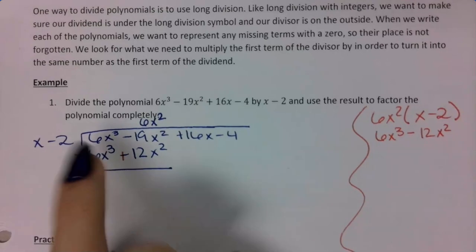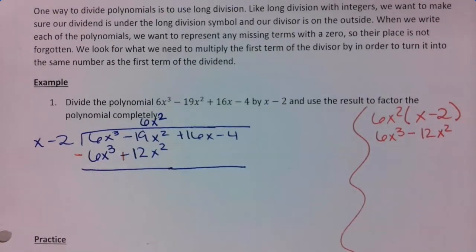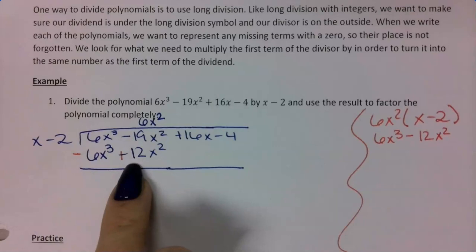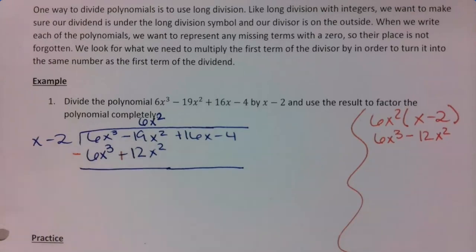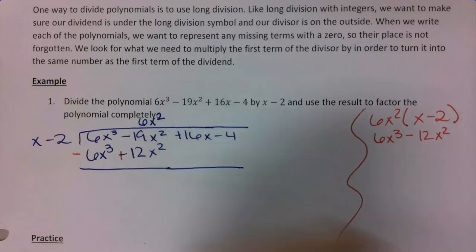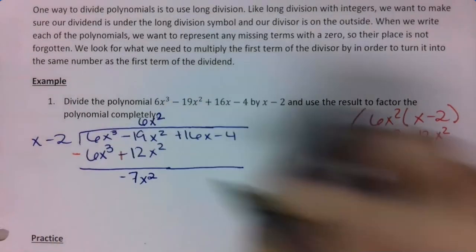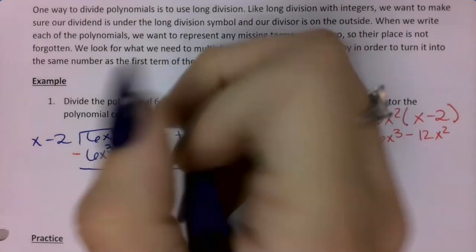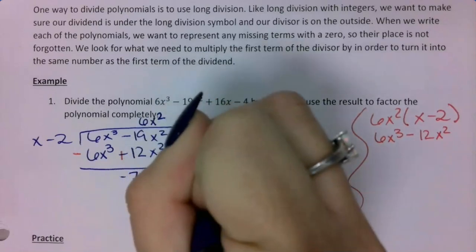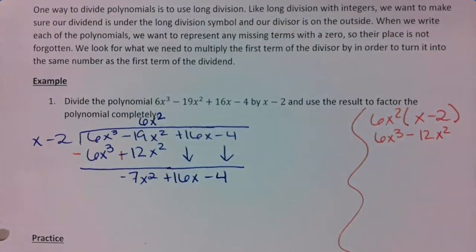So my first terms cancel out, because I changed the signs. Negative 19x squared plus 12x squared is negative 7x squared. And then I'm going to bring down my last two terms, both down, just so I don't forget that they're there.